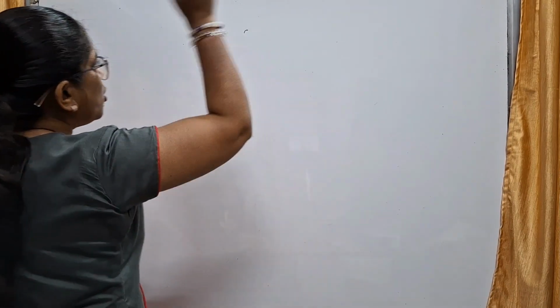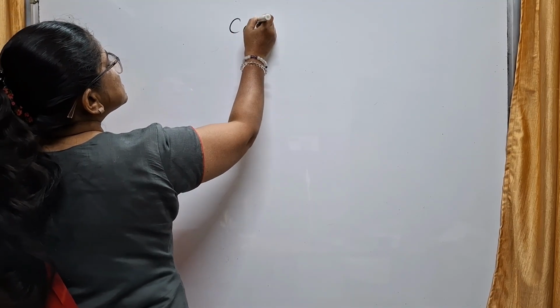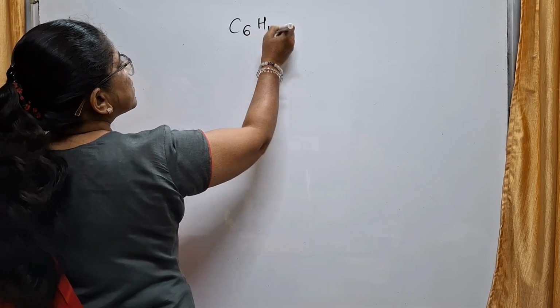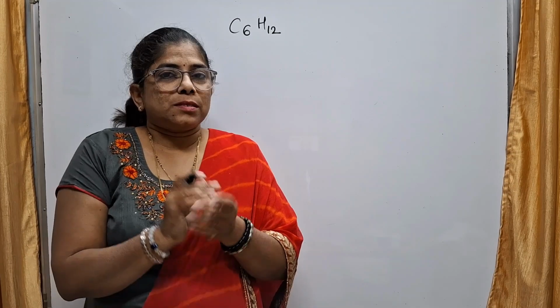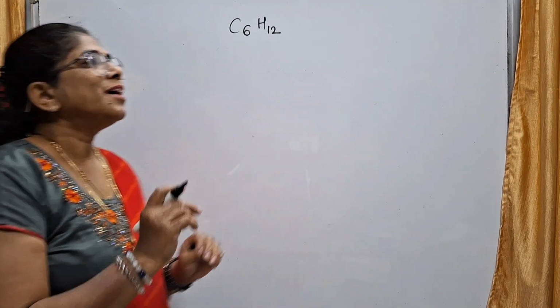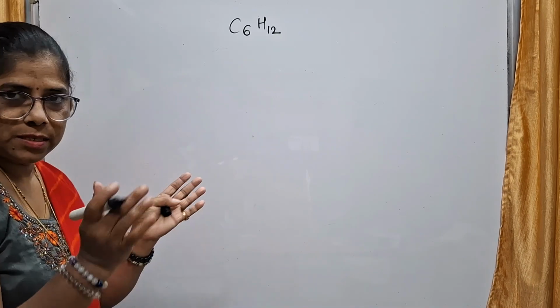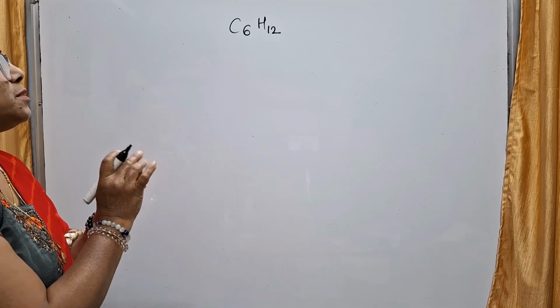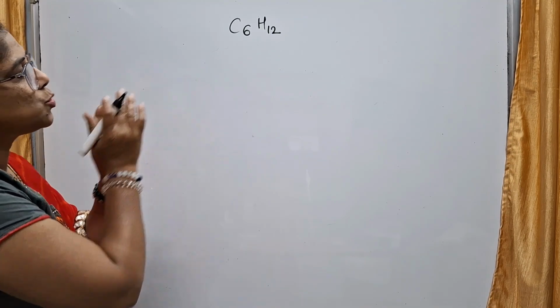Now the second example. Here the molecular formula is C6H12. Now how will this C6H12 exist in 2 different forms? If we think of the hydrocarbon series, simple alkane, alkene and alkyne, this is CnH2n.